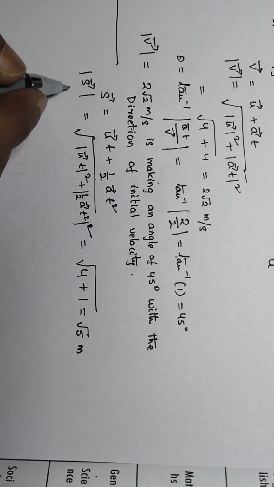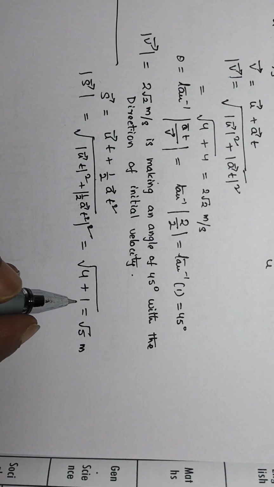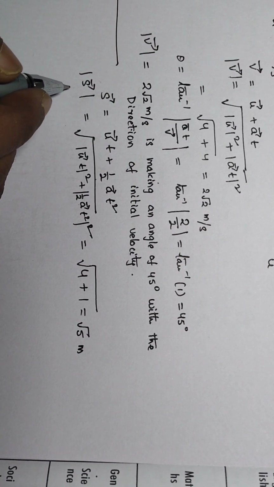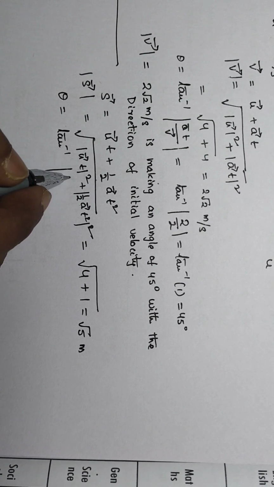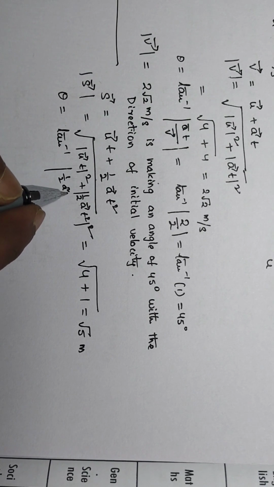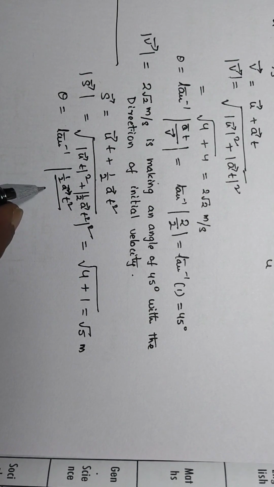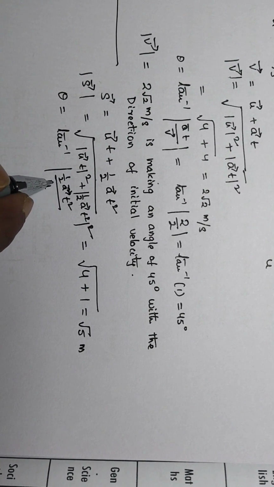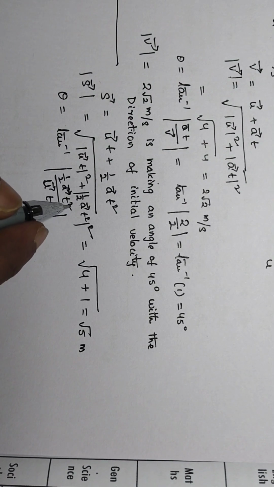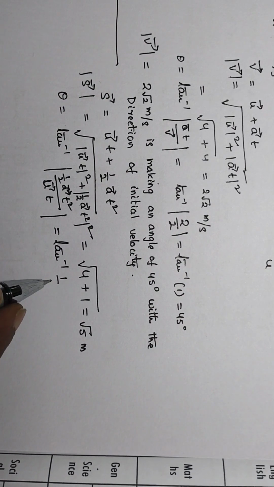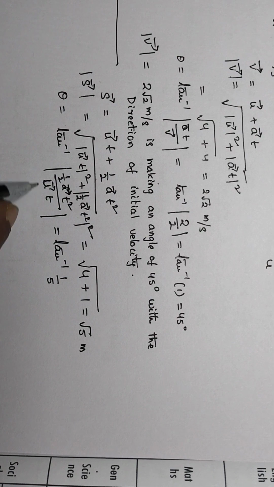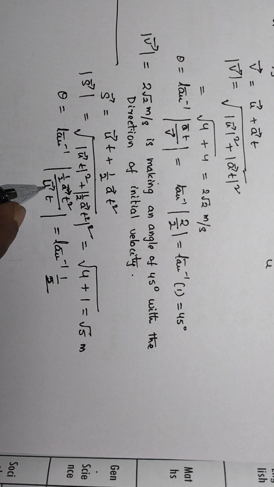And the displacement vector angle also should be found out. So the angle theta is equal to tan inverse of half a bar t square by u bar t, that is equal to tan inverse 1 by 2.